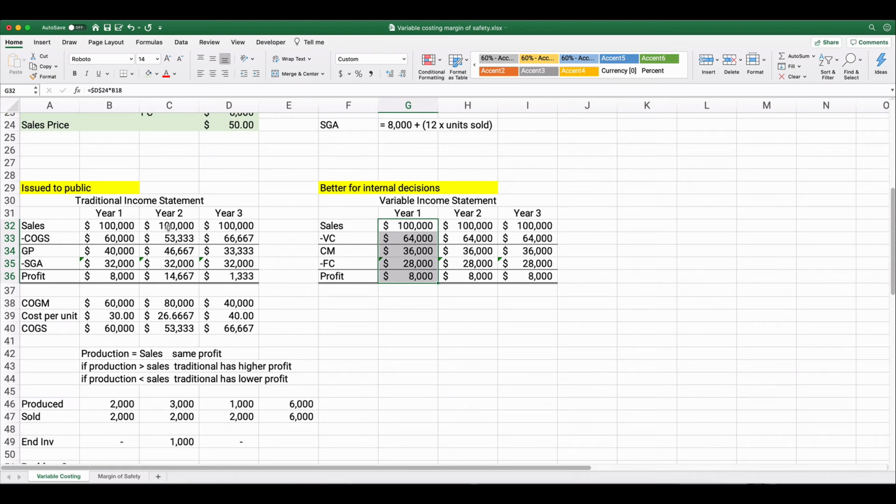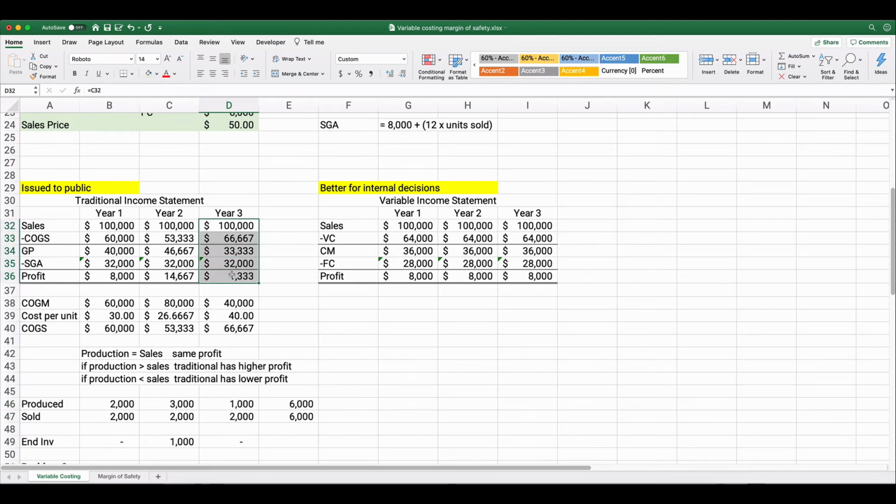If the production, like year 2, the production is greater than the sales, then the traditional is going to have a higher profit, 14,000 versus 8,000. If production is less than sales, if you produce 1,000 but sell 2,000, so inventory is going down, then what will happen is the traditional will have a lower profit.